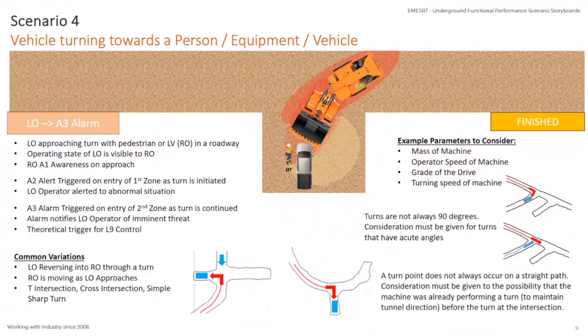Some additional example parameters there just to prompt people and make them think about it is the turning speed of the machine. I've spoken to a lot of operations that have got this problem sorted out quite well because their operations are quite tight and they have very limited speed, so 6 kilometers an hour, 7 kilometers an hour.